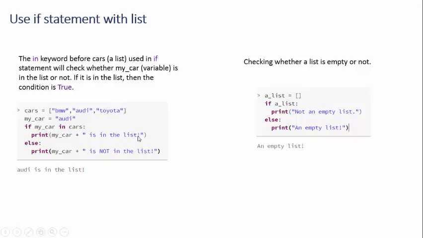So the first block of the code is going to be executed, exactly as I expected. The output is Audi is in the list. So it's going to skip the rest. That is one way to check whether an element is within a list or not.